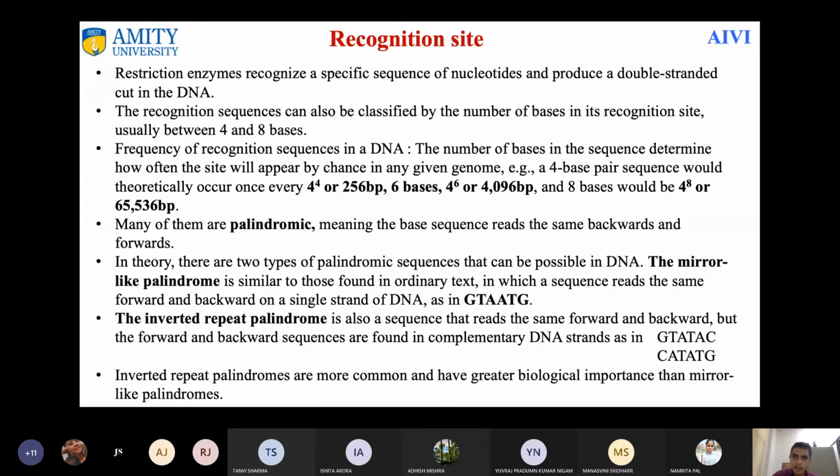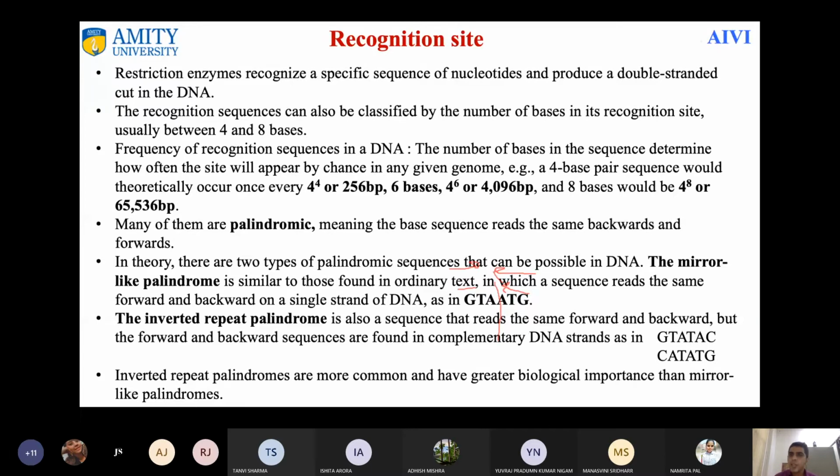If I draw a line here, in this direction it is GTA and in this direction it is again GTA. So this is one type of palindrome, meaning you are reading both the same in both directions, forward or backward. This is the type that we call the mirror-like palindrome, because both sides are mirror images of each other.